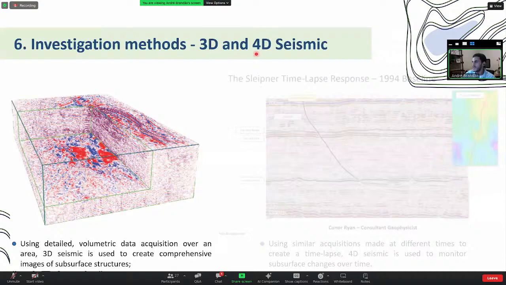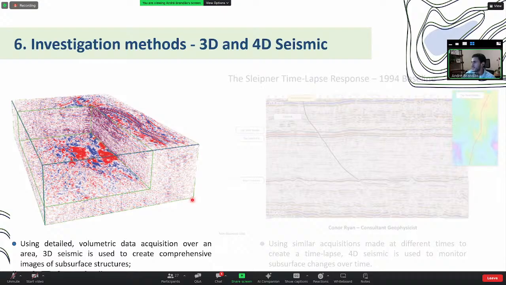That is 3D and 4D seismic data. We were only seeing 2D at the time. For the 3D, basically we are seeing 2D seismic lines very close to each other in one direction, and there is also an acquisition in a perpendicular direction or close to that, and the amount of lines in these two directions, very close to each other, helps us get a volumetric data acquisition and a 3D view of structures in the subsurface.